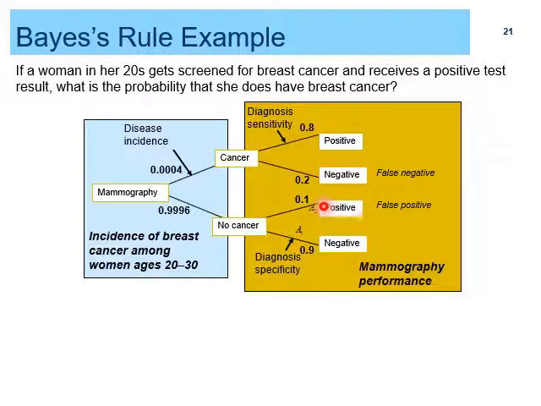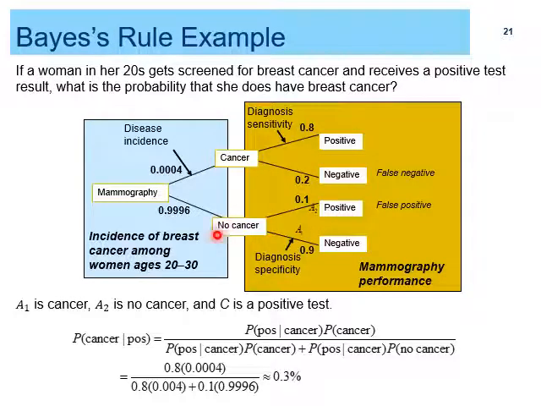So we will see how we apply Bayes theorem. So here we can see A1 is cancer, A2 is no cancer, C is a positive test. So P(cancer given positive). Now we have to get this value. So we multiplied 0.8 into 0.0004. But what is our sample space here?